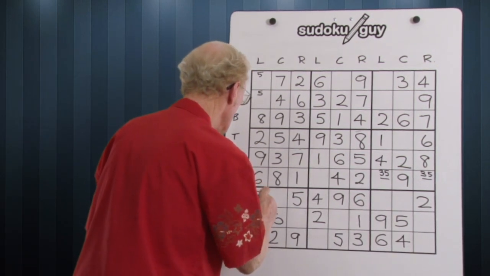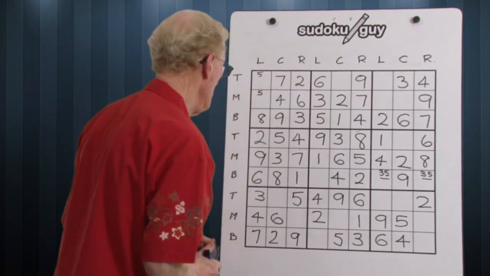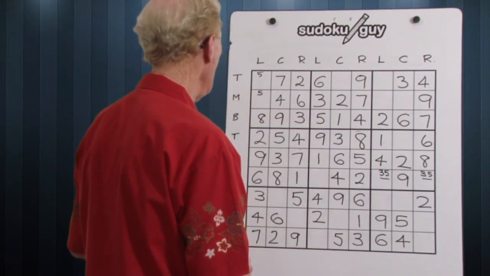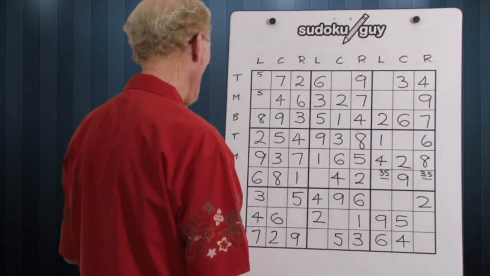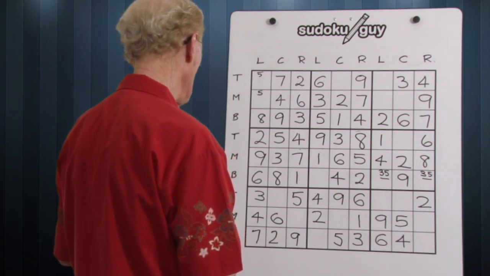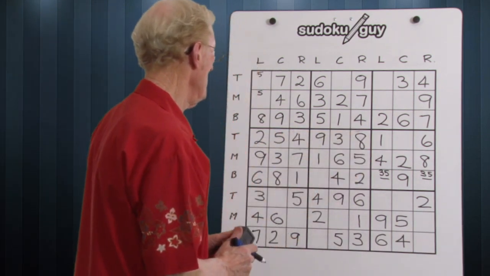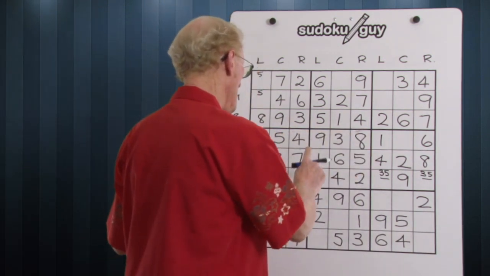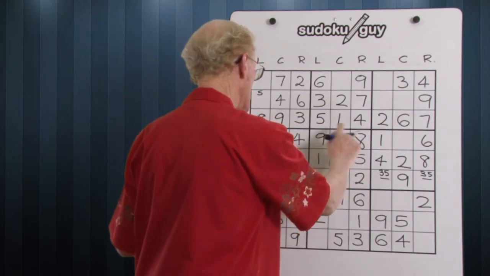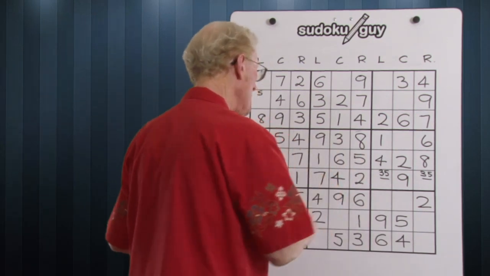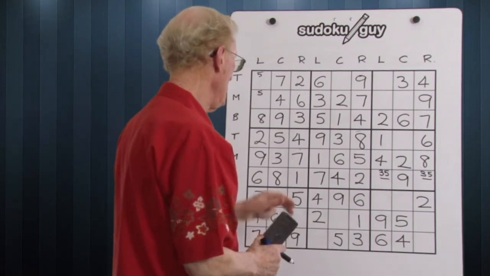A 3. And now we have, well, what have we got now? Do we have any row, column, or block that's only got 2 left? Well, this block has only got 1 left. And I think it's a 7. Let's count it up. 1, 2, 3, 4, 5, 6. Yes, it's a 7. Now, what's the ramification of that? Here we have a middle.